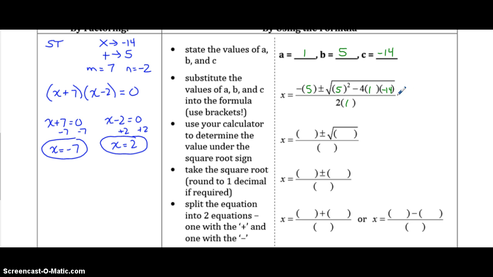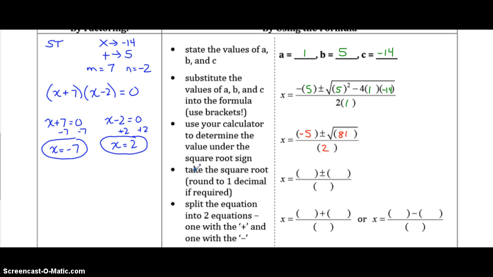The third step is to use your calculator to figure out what is under the square root sign. So if you were to calculate 5 squared minus 4 times 1 times negative 14, do that in your calculator, and that gives you 81. So you still have the negative 5 plus or minus the square root of 81, and then over 2 times 1, which is 2.